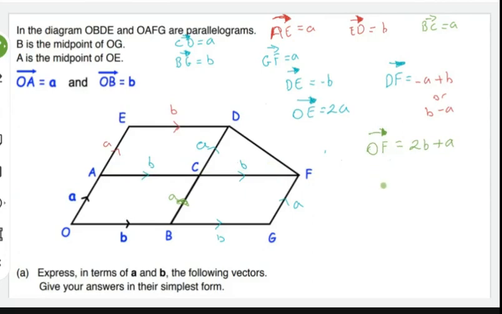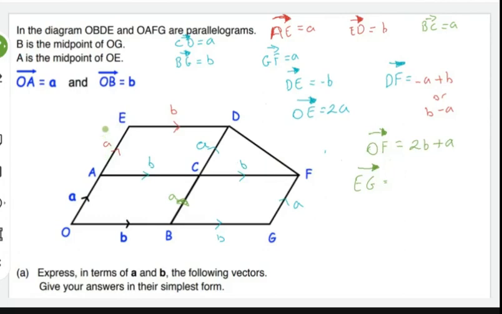What about from E to G? Minus 2a minus 2b. Say it one more time. Minus 2a minus 2b. Okay, so which way did you go first of all?